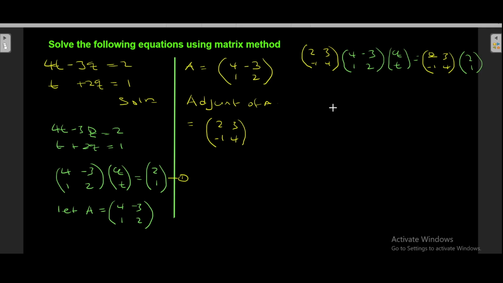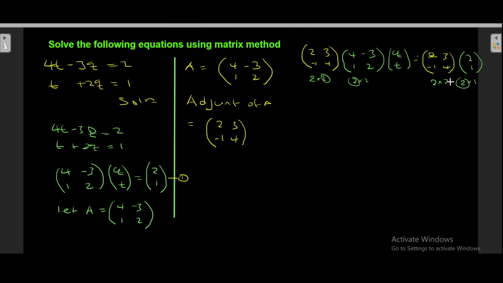Now we are going to do multiplication of these matrices. Remember, I told you when you're multiplying matrices, you must check the order first, and then we see if the numbers are possible. The order here is going to be 2 by 2, and the order here is going to be 2 by 2. This number here is the same as that one. Therefore, these two matrices can be multiplied. If you come this side, our order is going to be 2 by 2, and here the order is going to be 2 by 1.